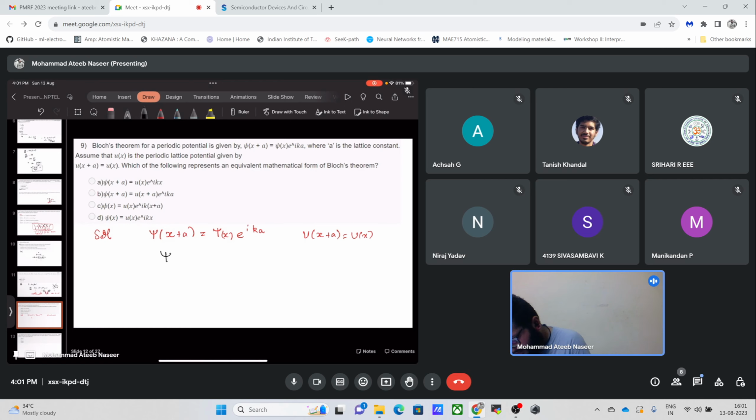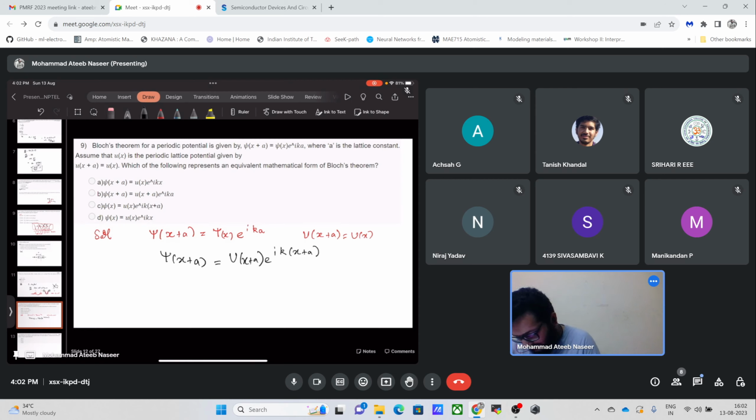Psi of x plus a is simply u of x plus a e to the power of ik times x plus a.